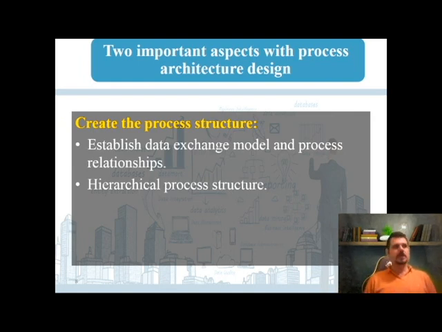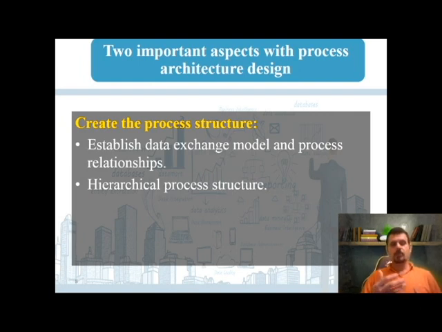If you want to be a systematic company, or buy an ERP or any other solution or software, you need to know about your processes and their relationships and how they exchange data between them. You need to create a data model. For creating a data model, you need a process architecture, because the relationships of processes can affect your data model.